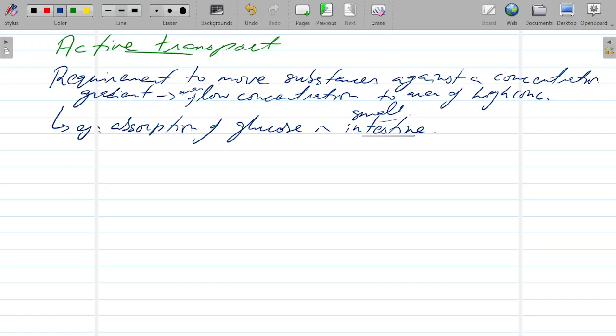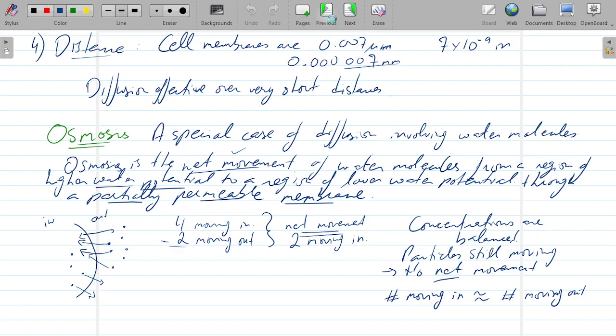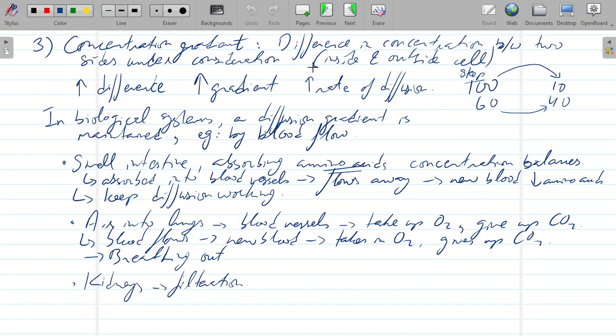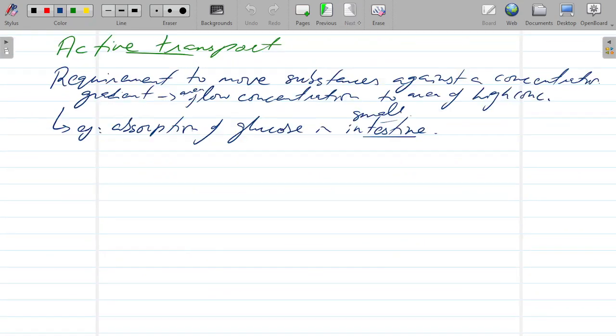Now, remember I told you when we were talking about diffusion that blood flow plays an important part in maintaining the concentration gradient, right? I do believe I mentioned that over here, yeah. But you also want to absorb all the nutrients you've taken in. You don't want any nutrients to be wasted.